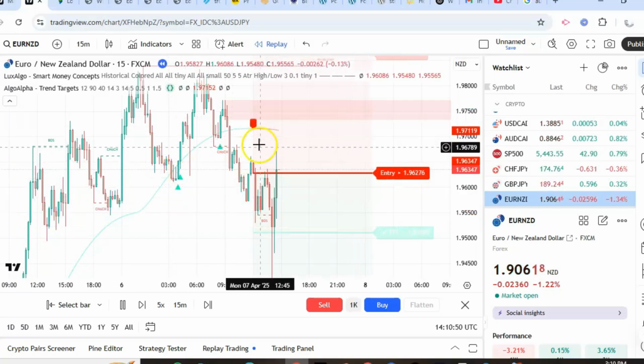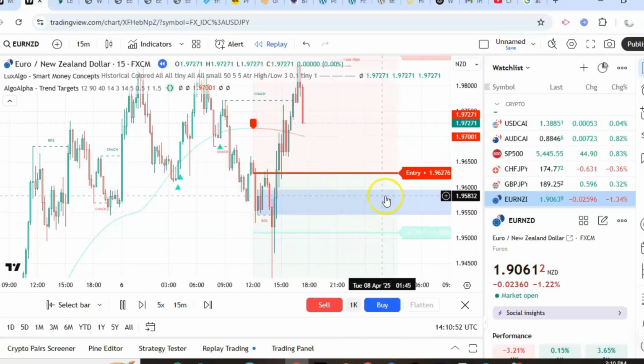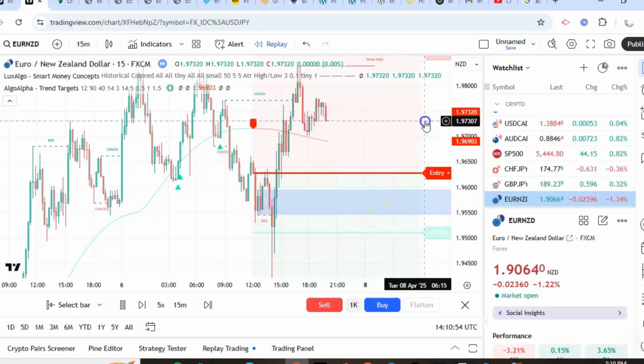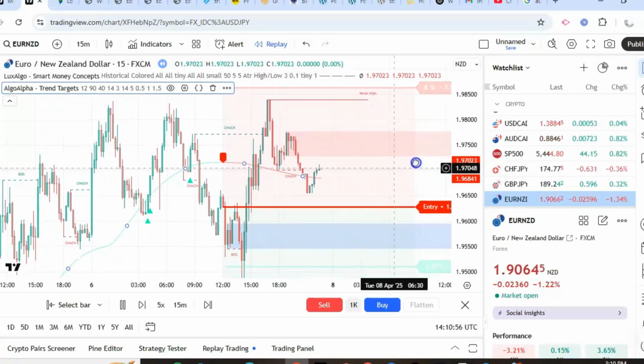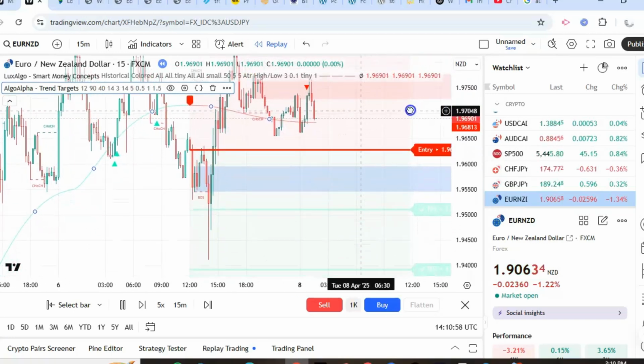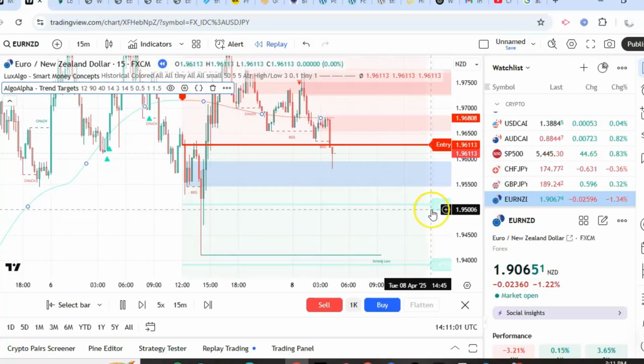Okay, that's another signal there. You have the stop loss and the take profits. Okay, the stop loss is not hit yet. Let's see if it's going to touch the take profit.